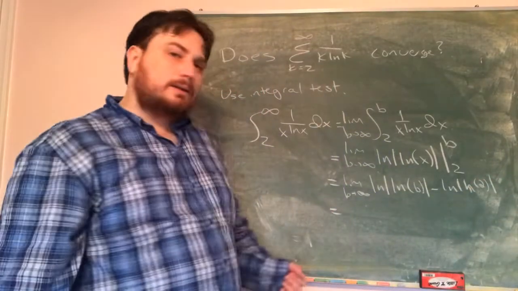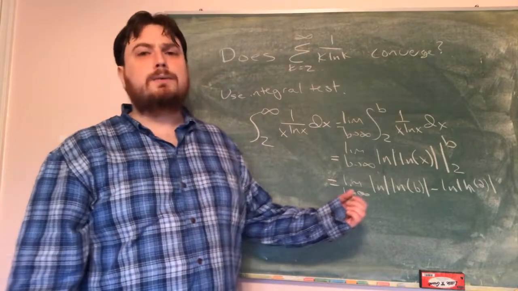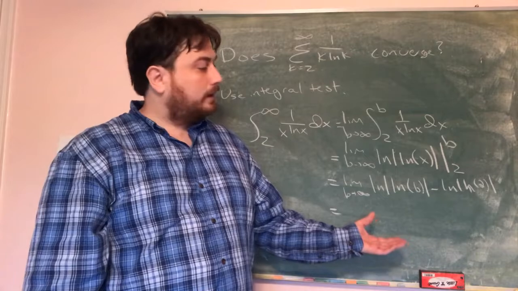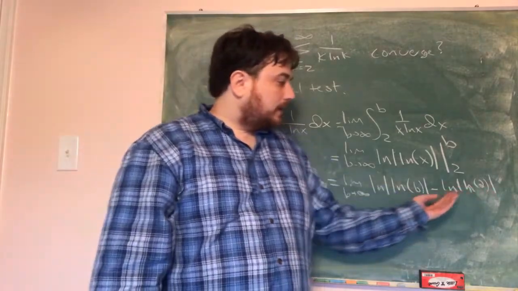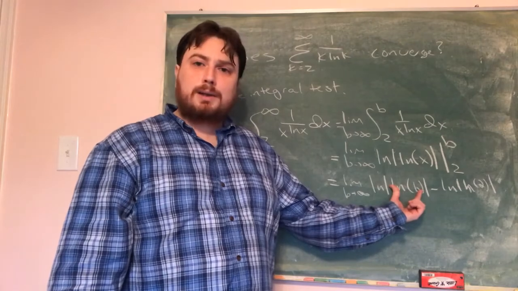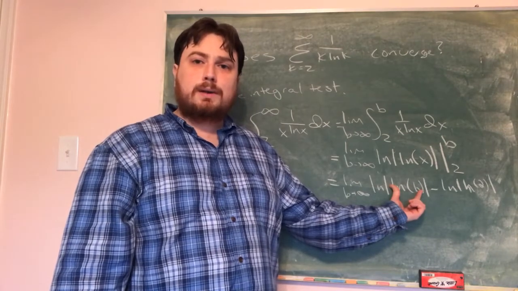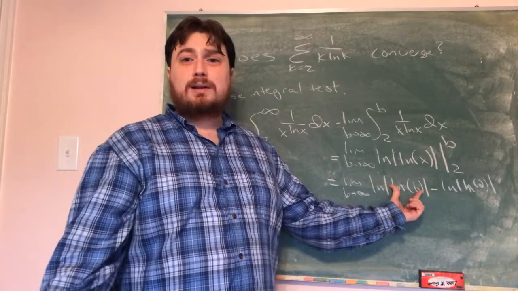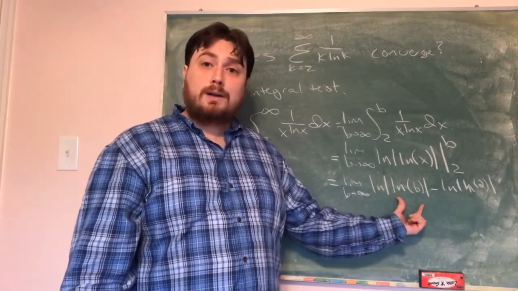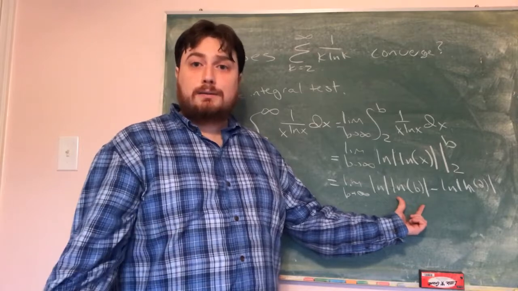And if I want to find this limit as b goes off towards infinity, all I'm really interested in is, do I get a number out or do I get out infinity? I can find exactly what this is, but I'm just going to say, if I take the natural log of b, as b goes off towards infinity, this is going to get arbitrarily large and become infinite. If I take the natural log of an infinite number, again, it is still infinite.